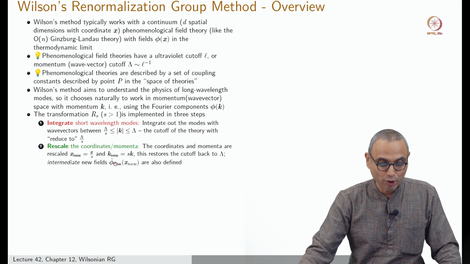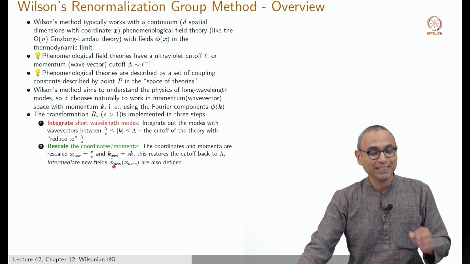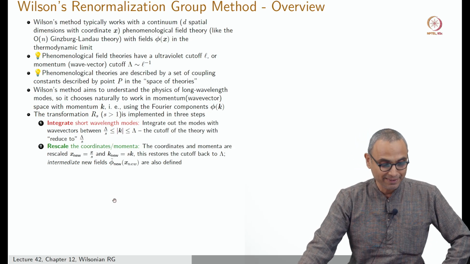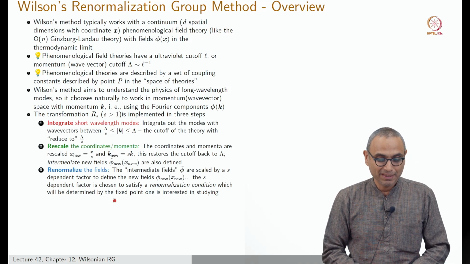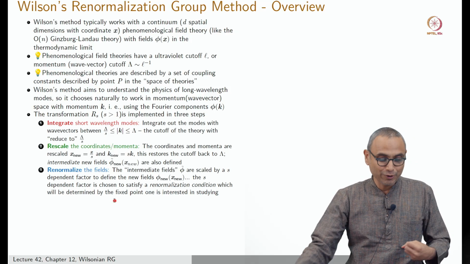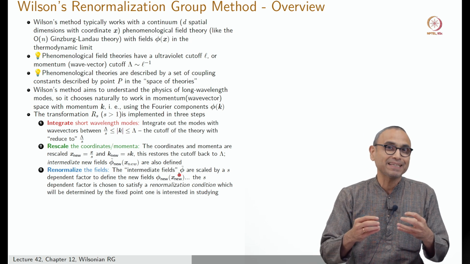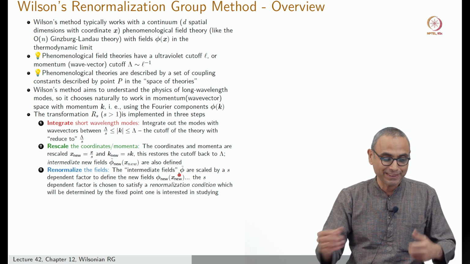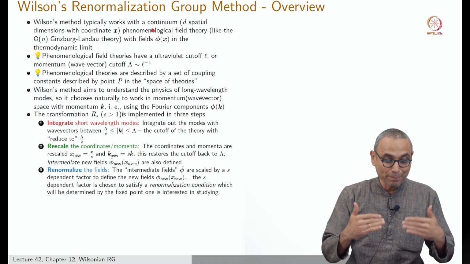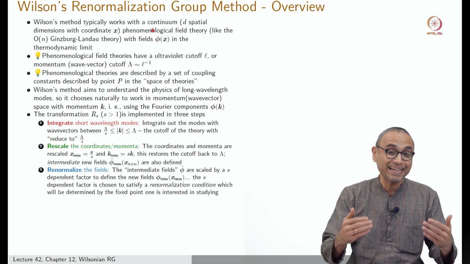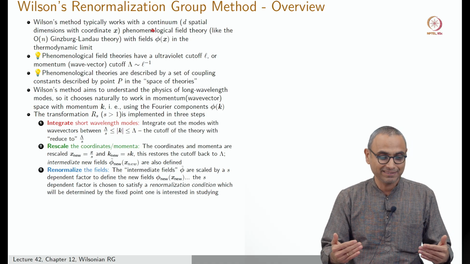Now why is this called intermediate? The true new fields will be determined in the third step, which is to renormalize the fields. We take these fields and multiply them by a factor which depends on the scale s, in such a way as to meet a certain criterion called the renormalization condition.